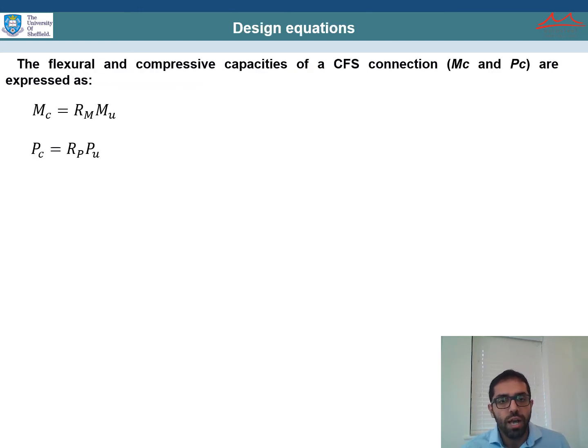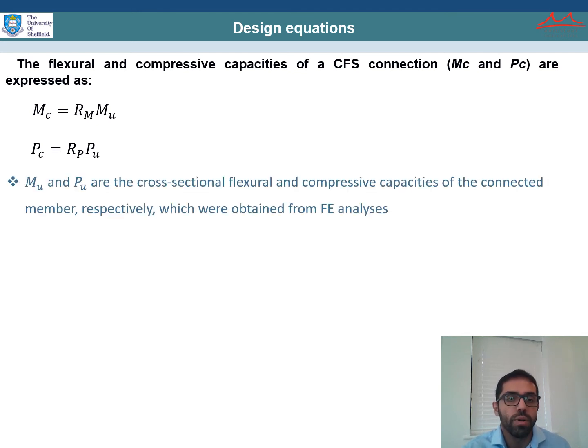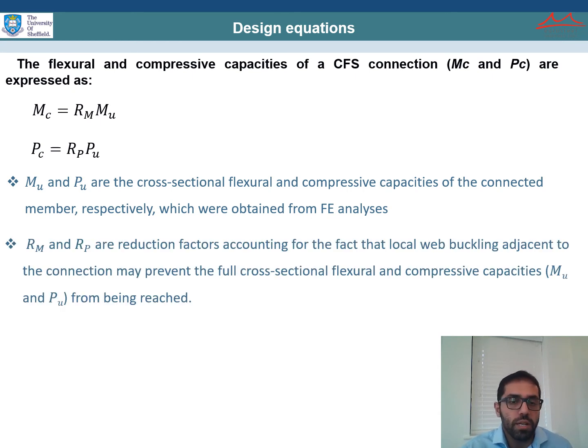The flexural and compressive capacities of cold-formed steel connections, defined herein as MC and PC, are as follows: MC is equal to RM multiplied by MU, and PC is RP multiplied by PU. MU and PU are the cross-sectional flexural and compressive capacities of the connected members, meaning the beam or the column element, which were obtained from finite element analysis.